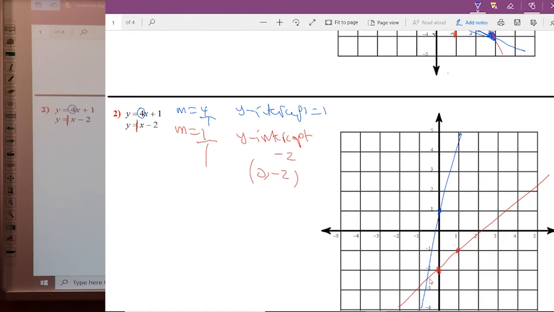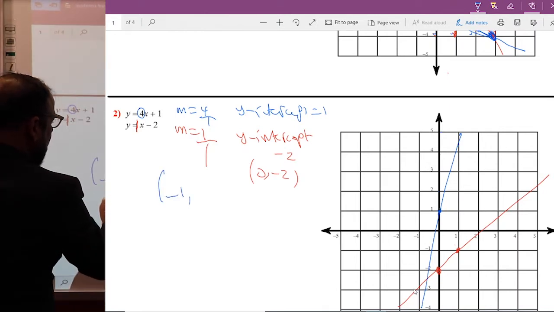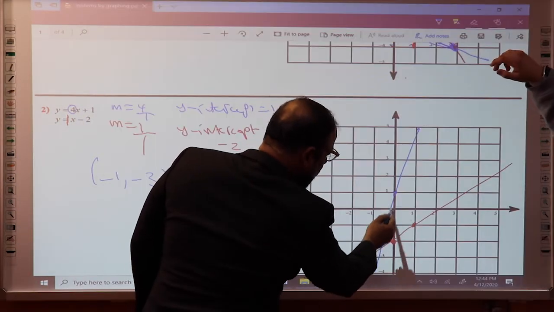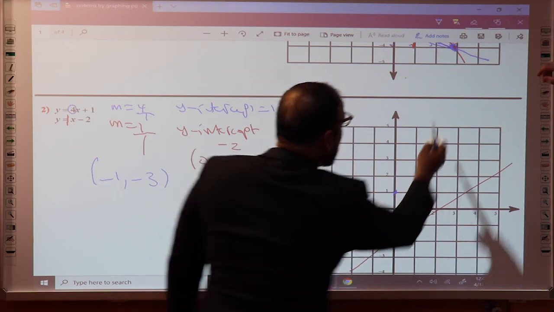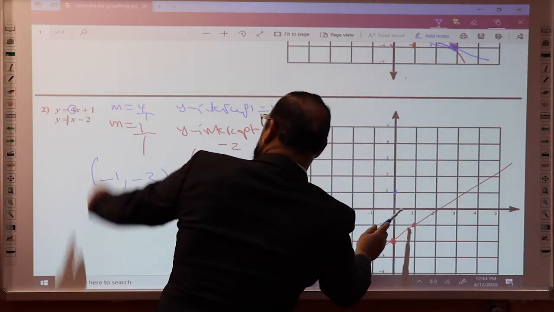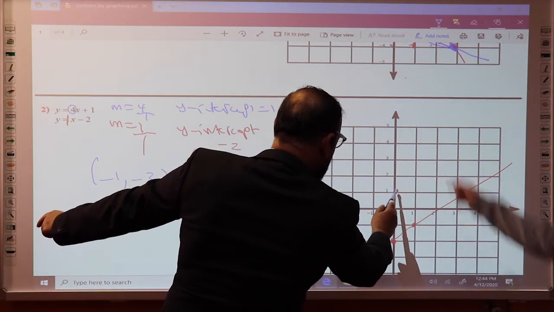Yeah, the lines here, we have to extend them. I'm going to fix it. Negative 1 and negative 3. Give me the eraser here. Because the line here is negative 1, and we said the slope is 4 and 1 here, right? All right. Now I know that.